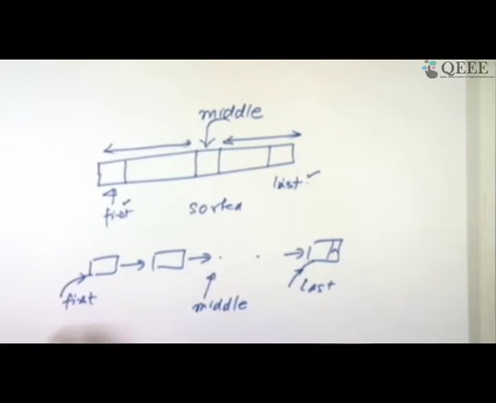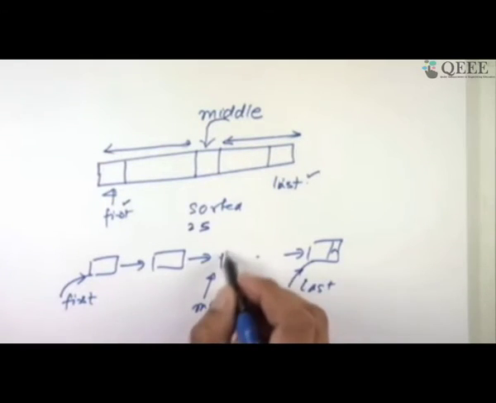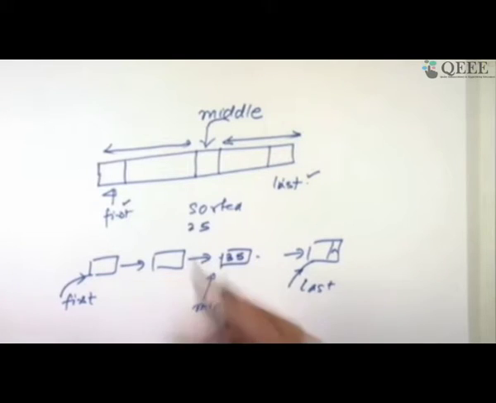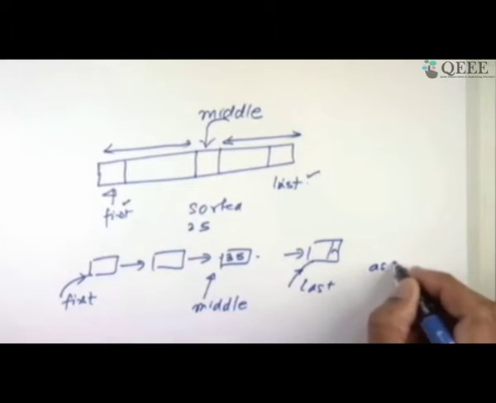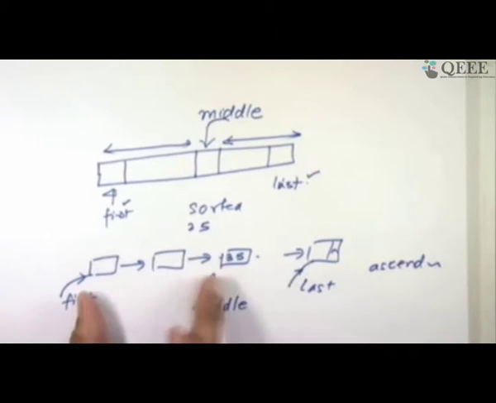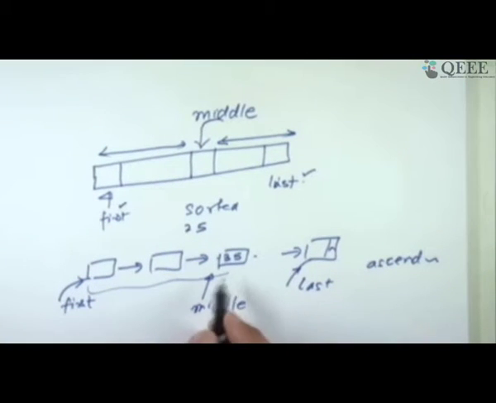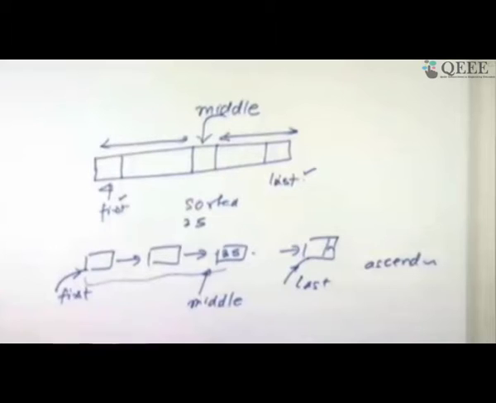I have these three. The trouble here is, even if I have this, let's say I was looking for 25 and this middle element happens to be 35 and it is sorted in ascending order, increasing values, then I know 25 is in the first half. But I don't know in this list where the middle of that half is. So just having one middle will not help. If you want to do a binary search, you will need a series of middle pointers.